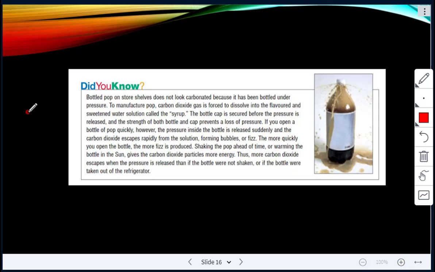If you open the bottle of pop too quickly, the pressure inside the bottle is released suddenly, and the carbon dioxide escapes rapidly from the solution, forming bubbles, or the fizz. If you shake the pop ahead of time, or leave it outside in the sun, that gives the particles more energy, so more carbon dioxide escapes when the pressure is released.